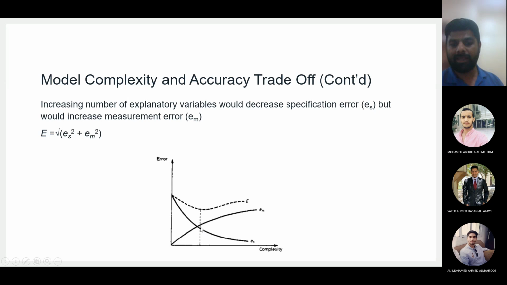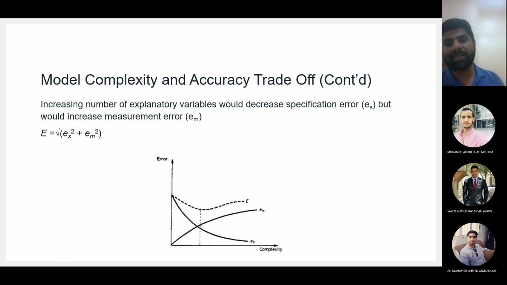So there will come a time where the summation, the overall impact of measurement error and specification error, will produce a minimum result. Overall error E is a combined result of specification and measurement error. So when you increase model complexity, you decrease ES, but at the same time you are increasing EM.